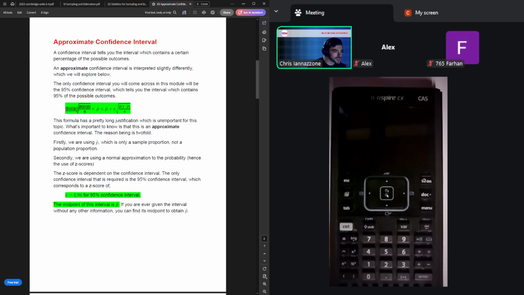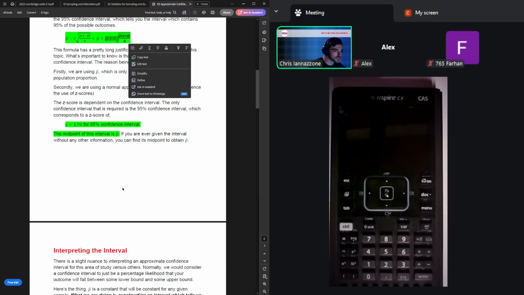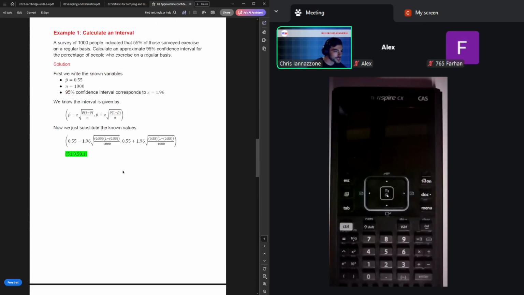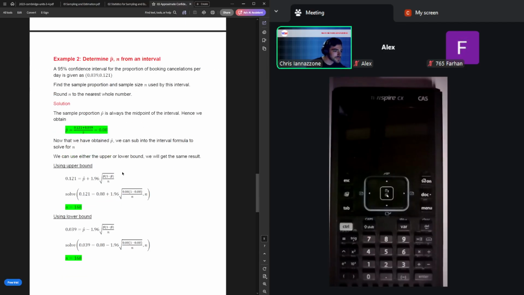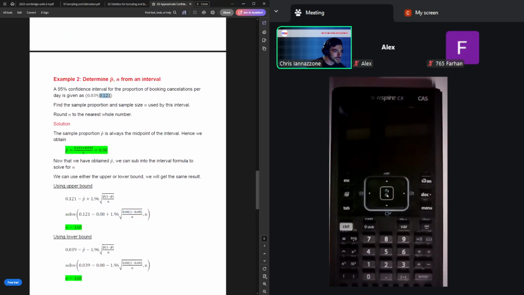Each of those sides of the interval are two separate equations. So it doesn't actually matter which one of these you use, because both of them contain the exact same variables, and all that's going to matter is if you use the upper bound with the plus, you put the upper bound to equal it. Because remember, we already have the interval in this case.